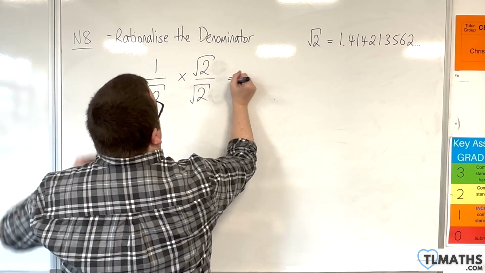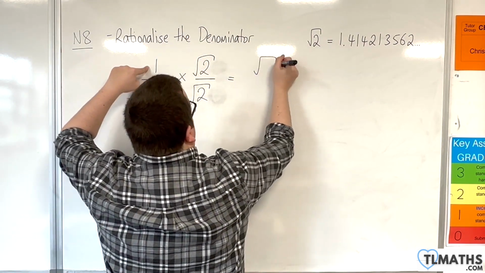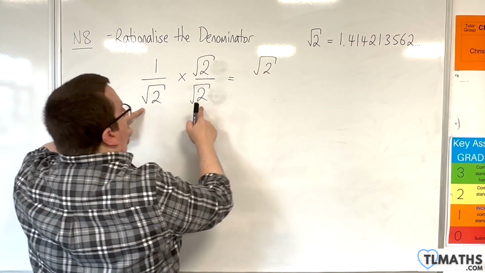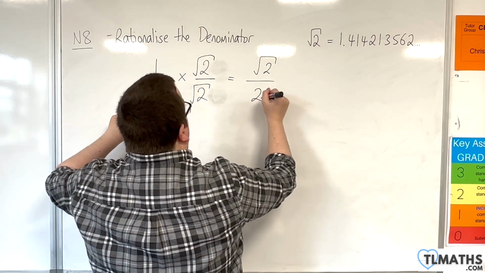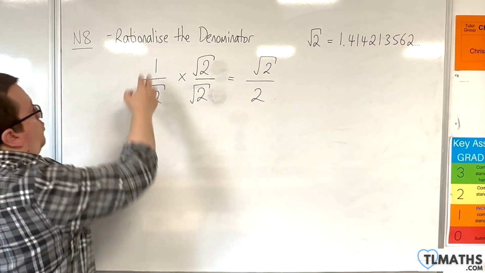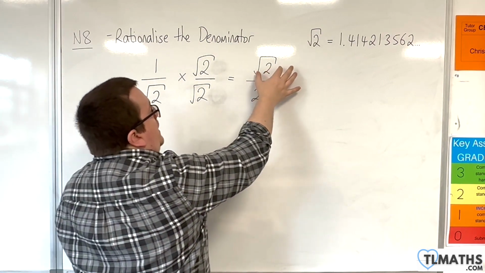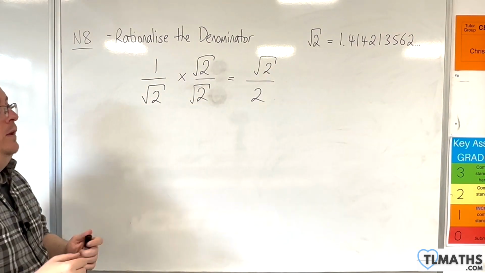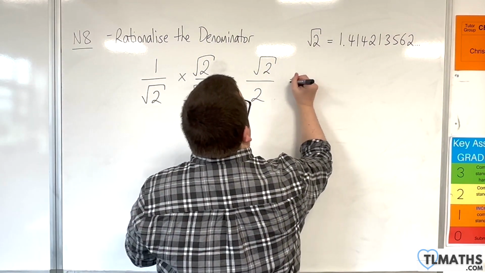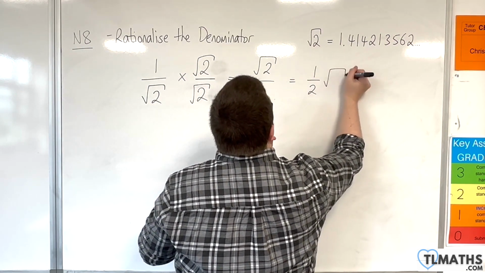So I have 1 times root 2, and then I've got root 2 times root 2. So what I'm showing here is that 1 over root 2 is the same as root 2 over 2. Or you can write that as 1/2 of root 2.